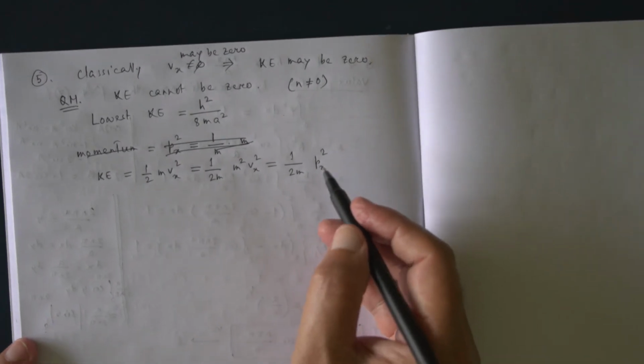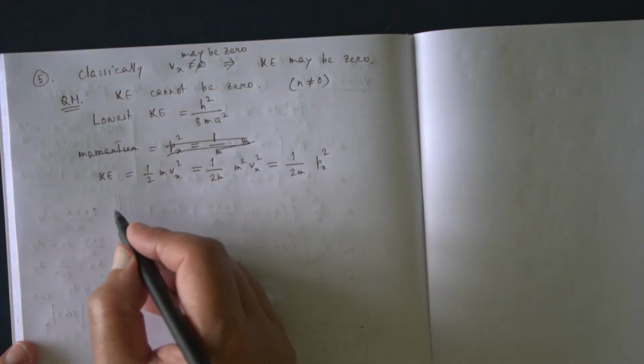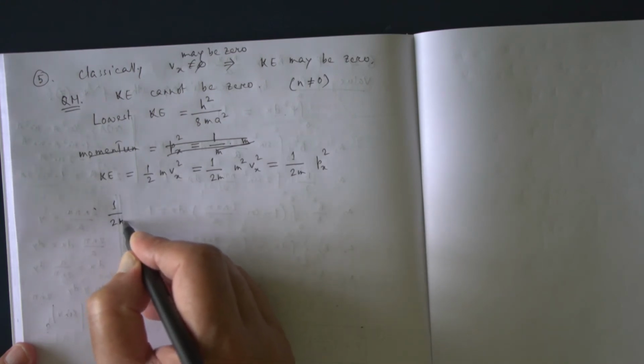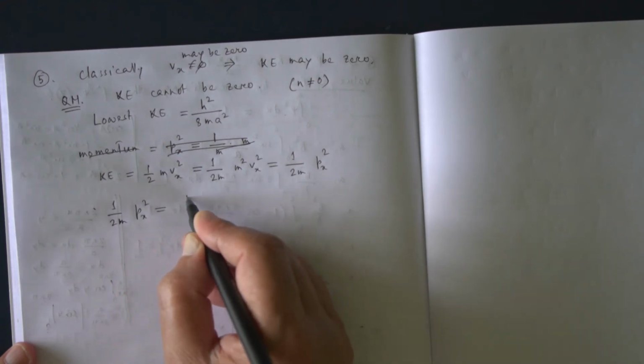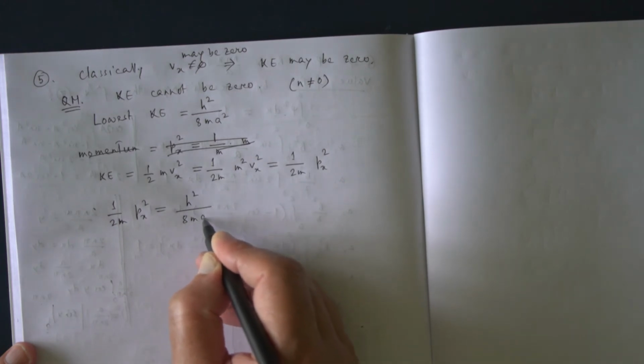Now if you look at the lowest kinetic energy, I can write that 1 by 2m px square equal to h square by 8m a square.